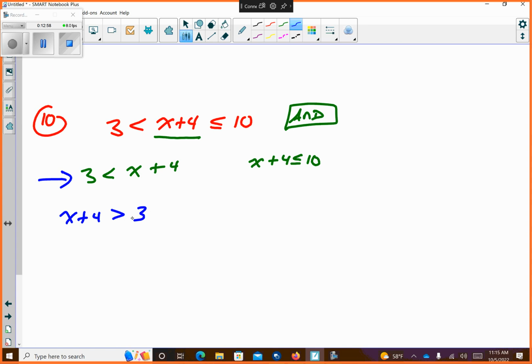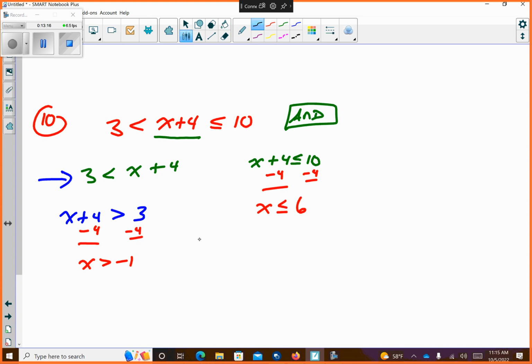And so the sign flips over. It didn't flip over because we multiplied or divided by a negative. So then I'm going to subtract 4. So I get x is greater than -1.